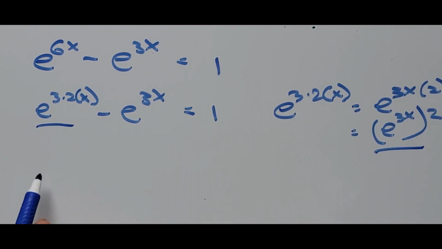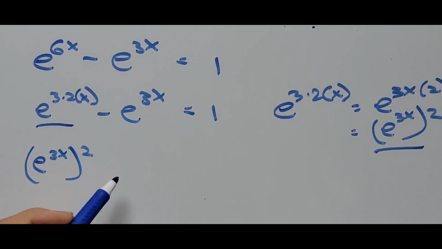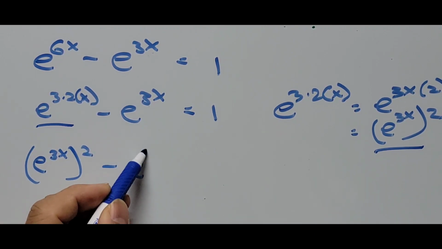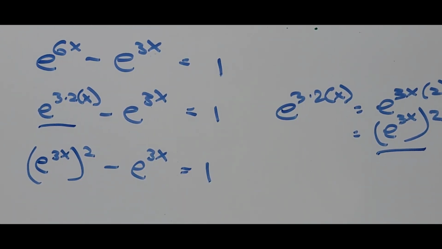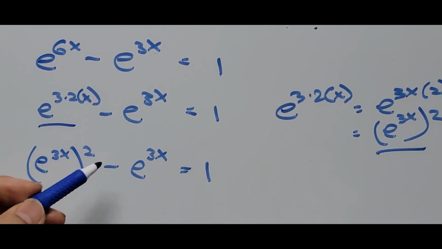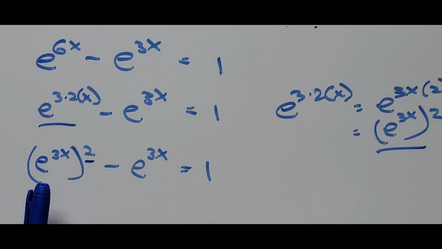The first term now equals e raised to 3x squared, minus e raised to 3x, equals 1. The equation is now transformed into a quadratic equation because of the exponent of power 2 right there. Alright, so now let's start doing the substitution. We're introducing a variable to substitute for the value of e to the power of 3x.